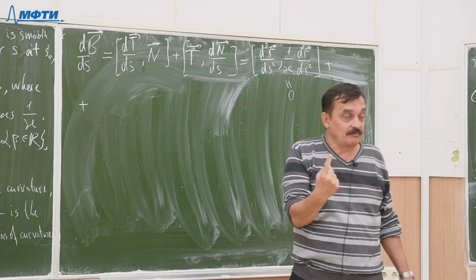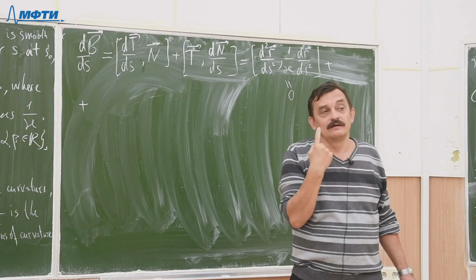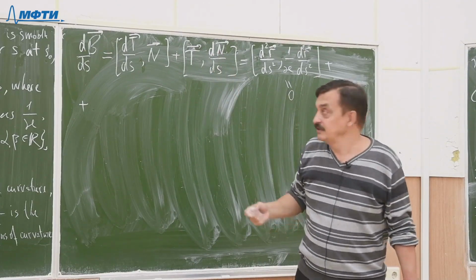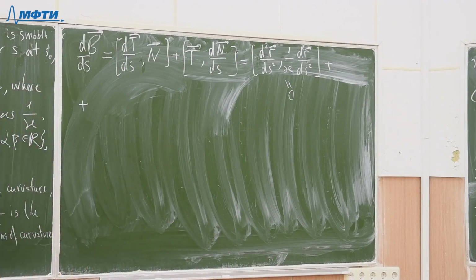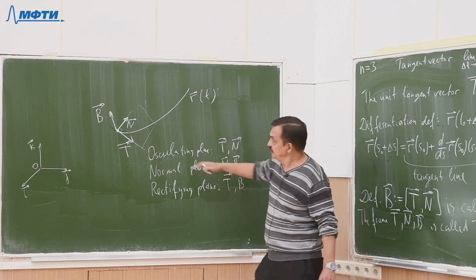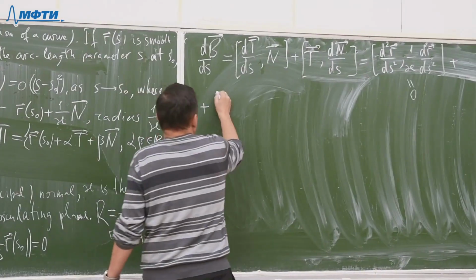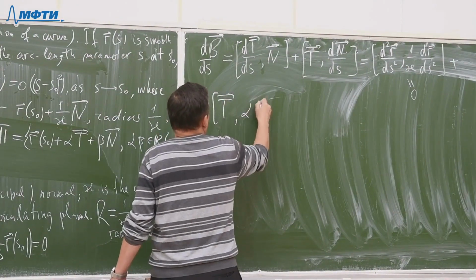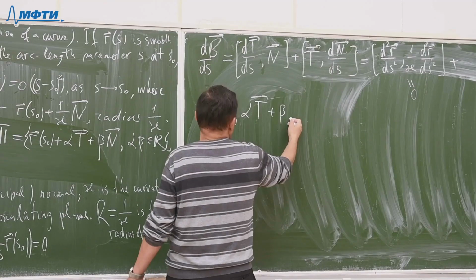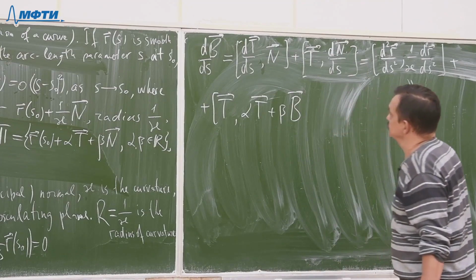By lemma 4, its derivative is orthogonal to n. So this vector belongs to the rectifying plane, the plane generated by vectors t and b. Hence I can write it as alpha t plus beta b.